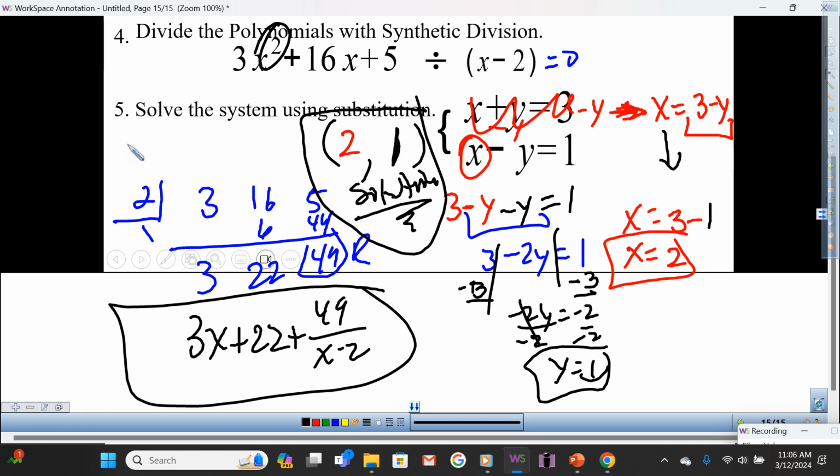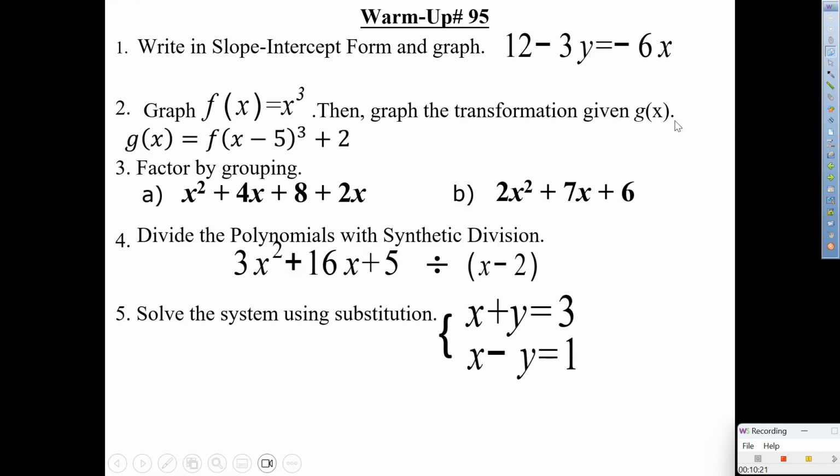Starts with the letter I. Yes, intersection of the equations or the graphs. Keep that in mind because today we're going to move on to systems and it's going to be fun.